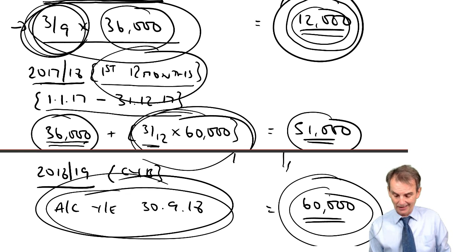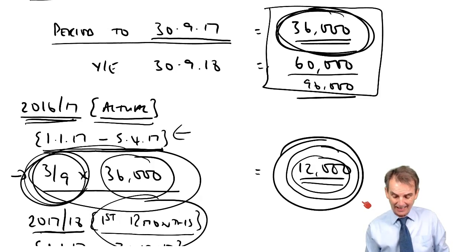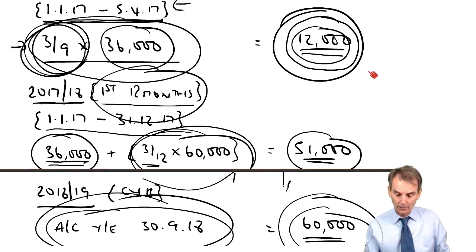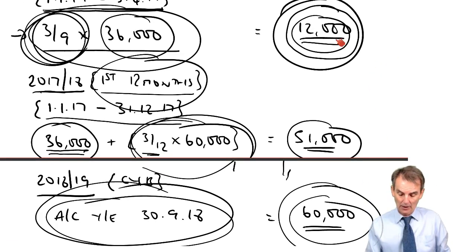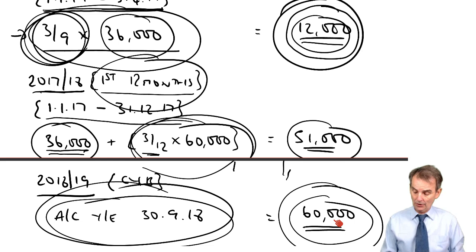63 plus 60, add up those three figures, that, I think, will equal £123,000. So the actual profits that have arisen, 96,000. What have we assessed? We've assessed 12, 51, 60 in total, that therefore 123,000.